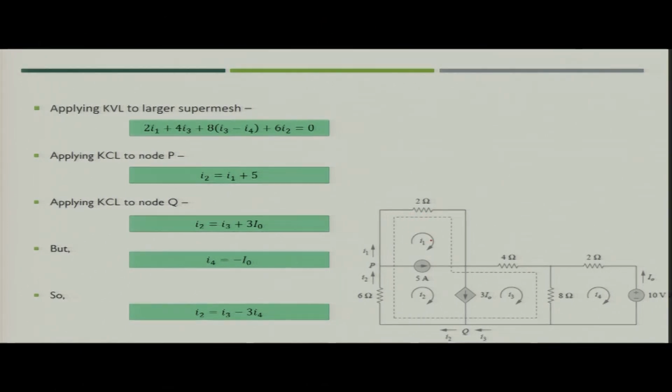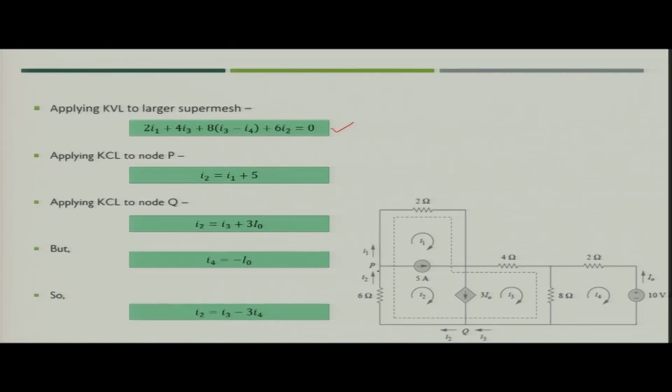You will get 2 times I1, and then 4 times I3, then 8 into (I3 minus I4), plus 6 I2, right. So, this is what you got from the Kirchhoff voltage law.